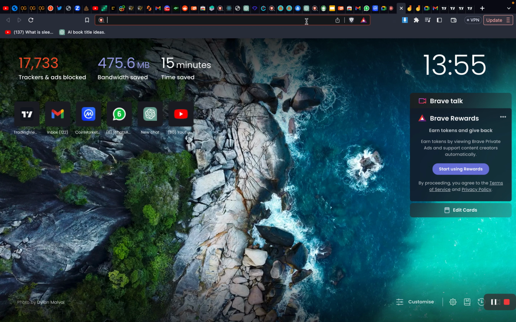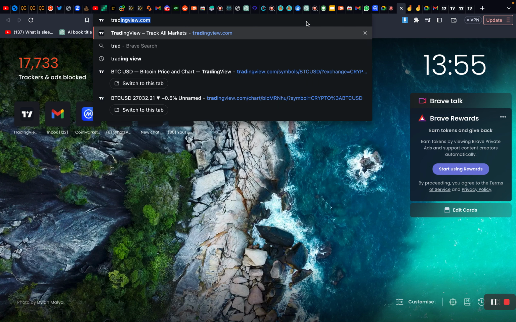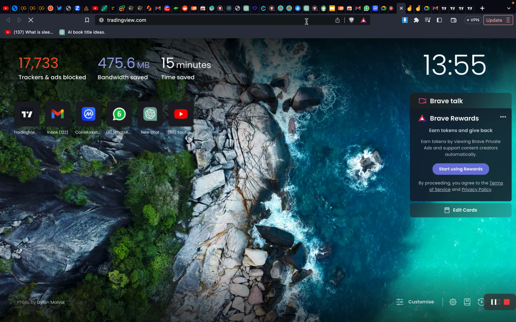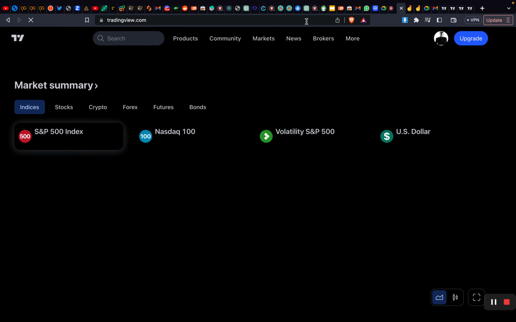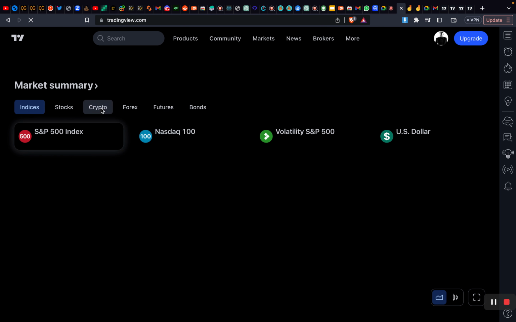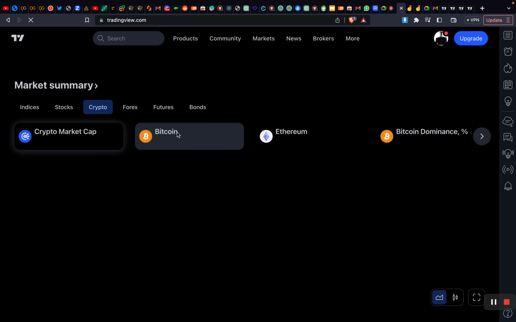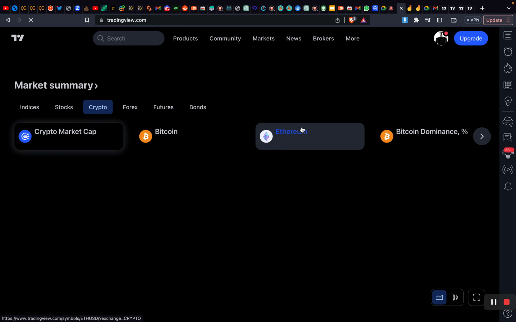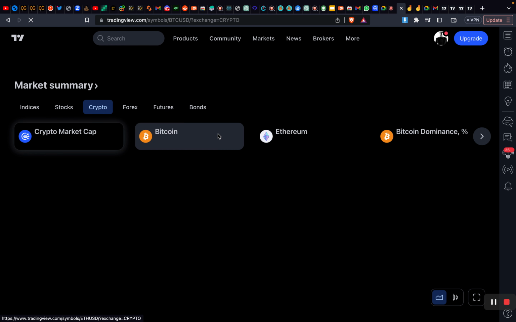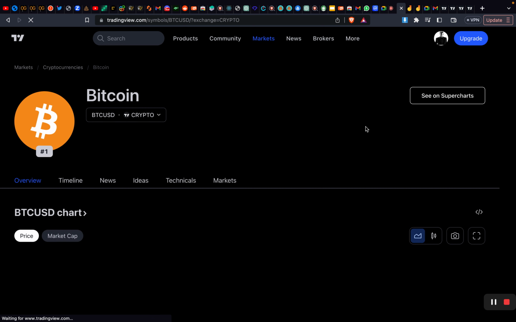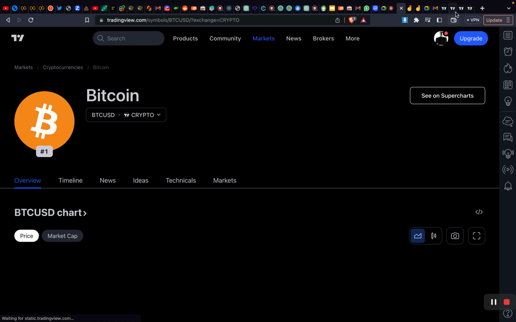So let's come back to TradingView. On TradingView, you see the different financial instruments that are there. And let's go to crypto. Let's see some of the candlesticks that we can find with Bitcoin as a financial instrument, and see how big these candlesticks actually look in the market.